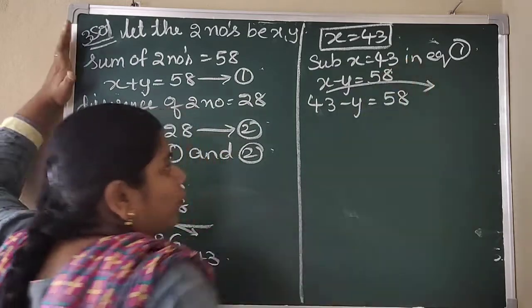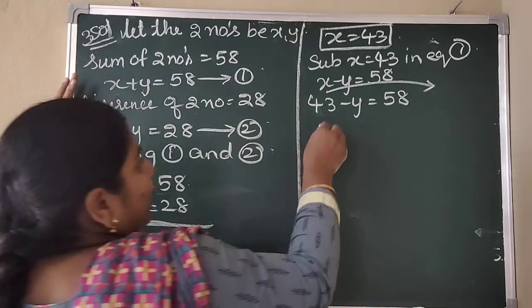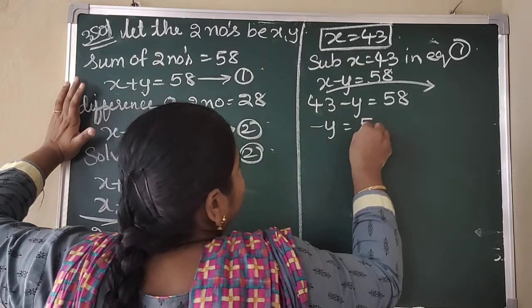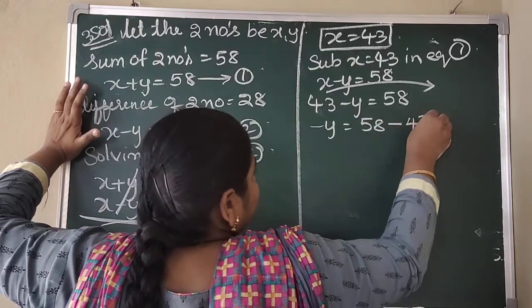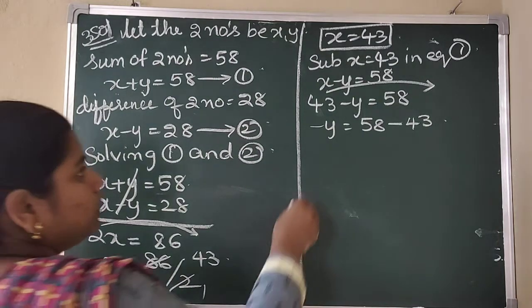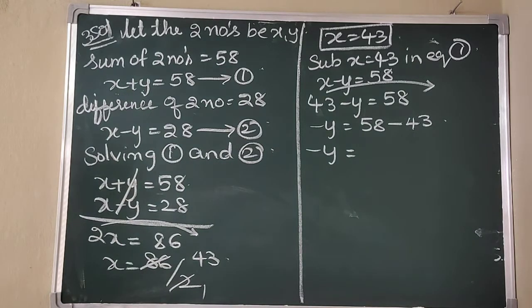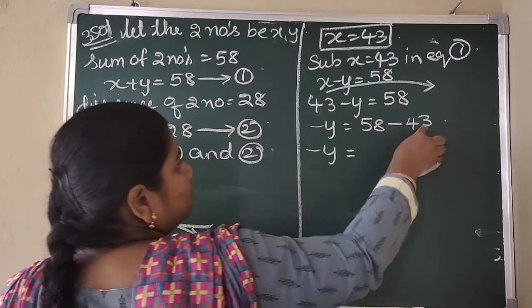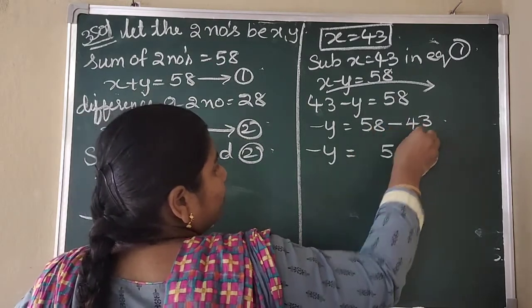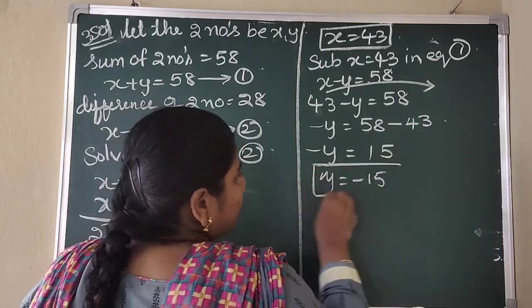Transpose this 43 to other side, that will be converted to minus. So y is equals to 58 minus 43. 8 minus 3 will be 5, 5 minus 4 will be 1. So y value you got as 15.